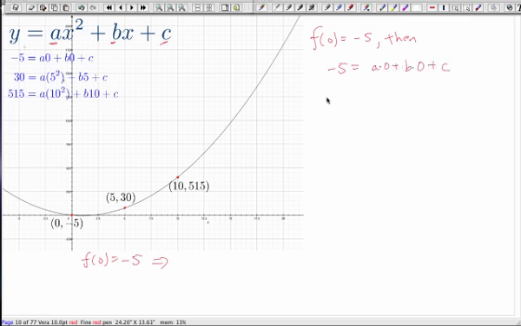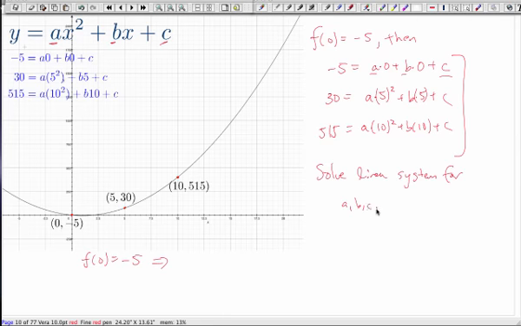And similarly, 30 is equal to a times 5 squared plus b times 5 plus c. And you have this last equation as well. So now you have 3 equations and 3 unknowns, so you can solve this linear system for a, b, and c.